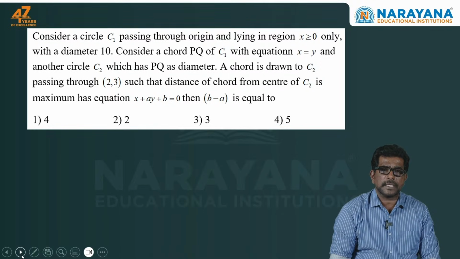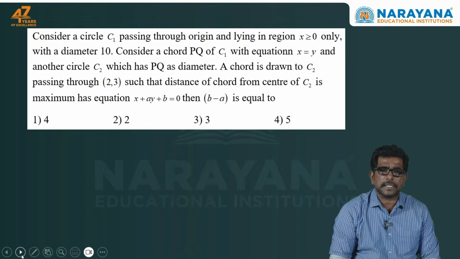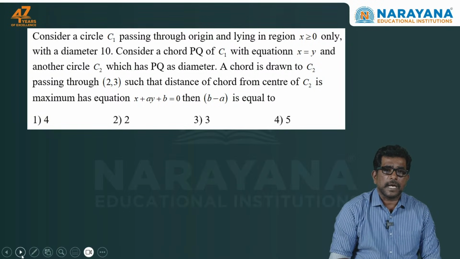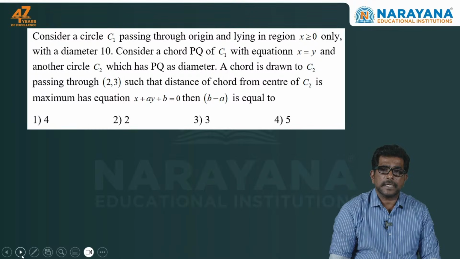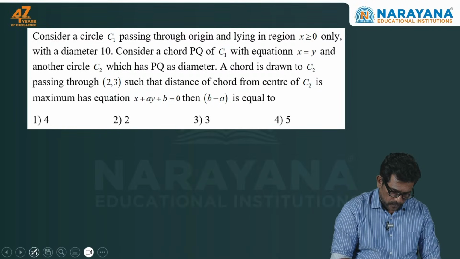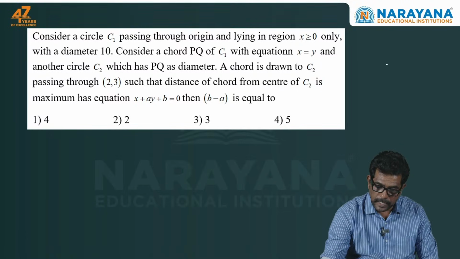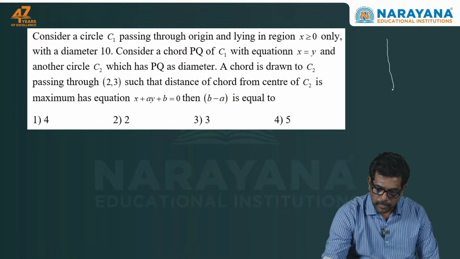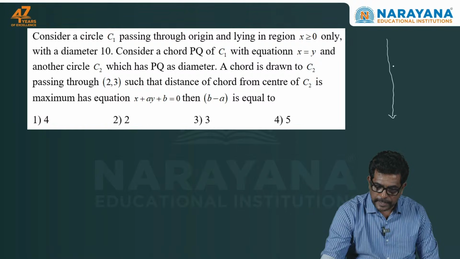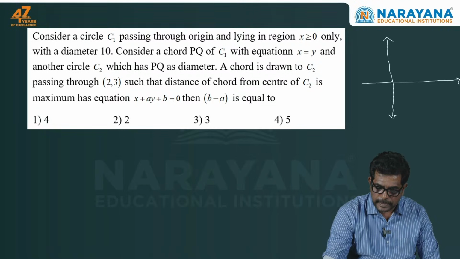The problem is related to circles and the relative position of two circles. The two circles are intersecting, and the first circle is passing through the origin and having the diameter 10. So we try to draw the diagram for this one. For this one, the diagram is like y-axis and x-axis.